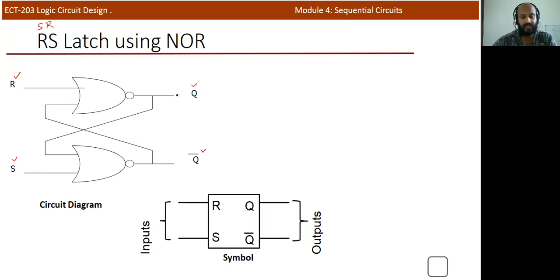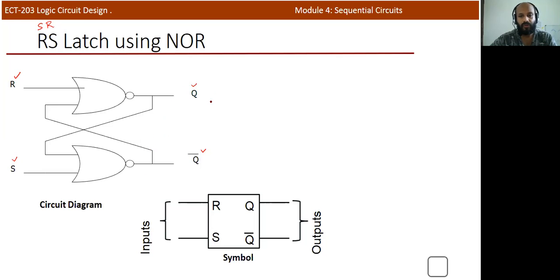So please note this. When you write S and R, first you write Q bar, then Q. In order to avoid that, we are just swapping R and S. Normally we call it an SR latch or flip-flop, but in this case we indicate R and S so as to represent Q first.